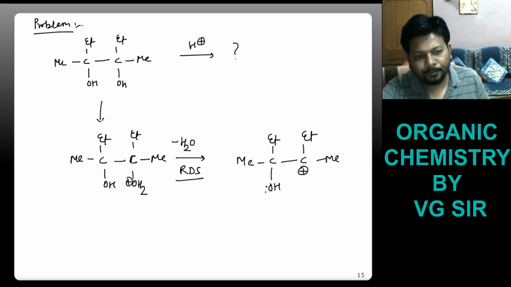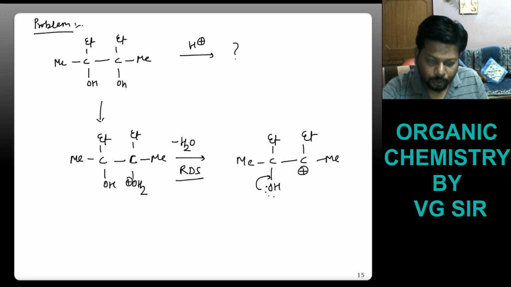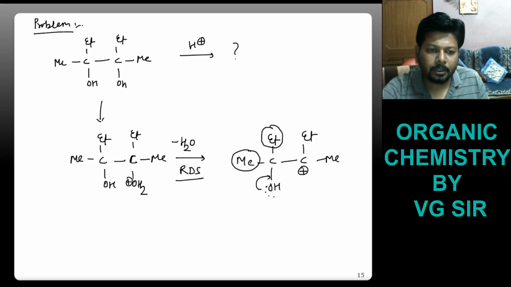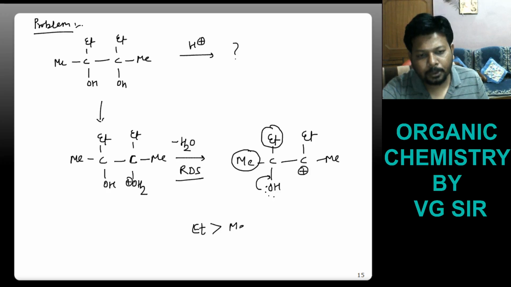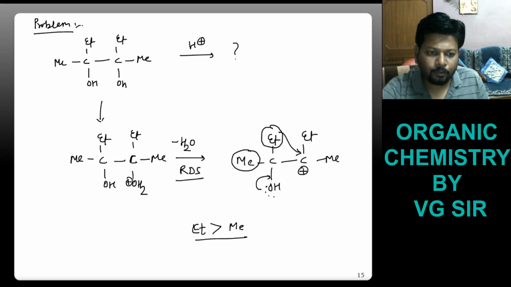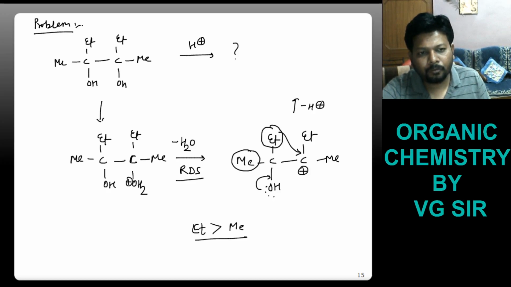Now what will happen? This will start participating. So now the question is, there are two groups, methyl and ethyl. Which one will migrate? We know the ethyl group has more migratory aptitude than the methyl group. So this ethyl group will migrate over here, this bond will be there, and with the loss of a proton, what product are we getting?